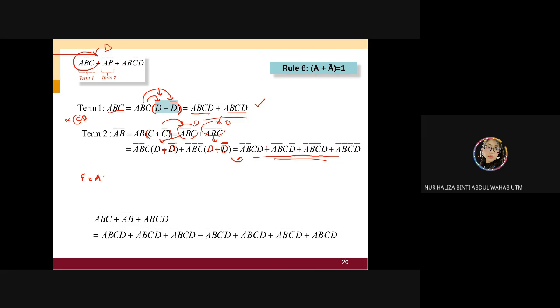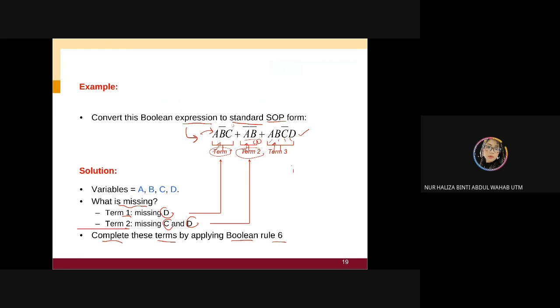I'm going to copy this A, B bar, C, D plus A, B bar, C, D bar plus my answer here A bar, B bar, C, D plus A bar, B bar, C, D bar plus A bar, B bar, C bar, D plus A, B, C, D bar. And another term which is term number 3.